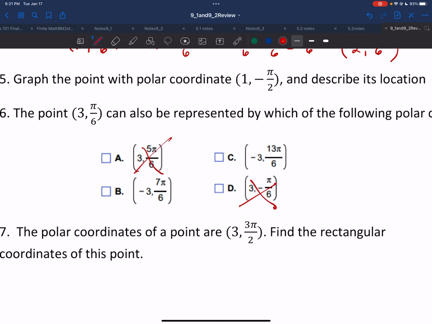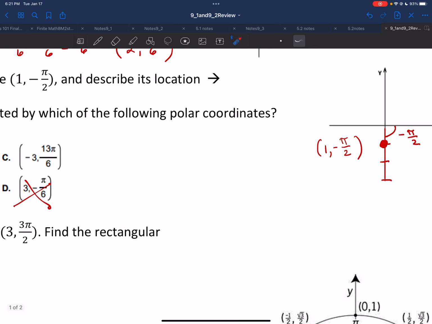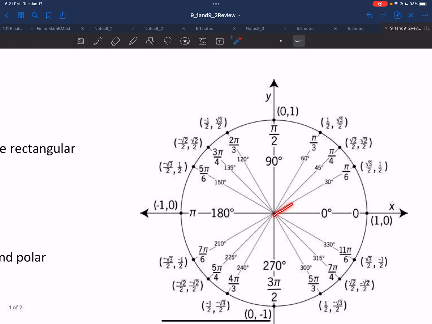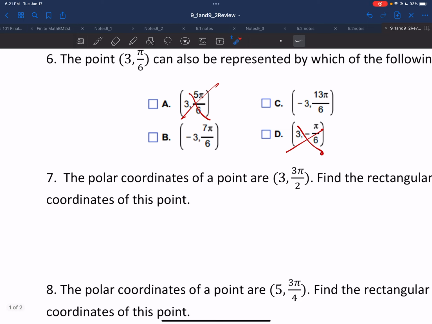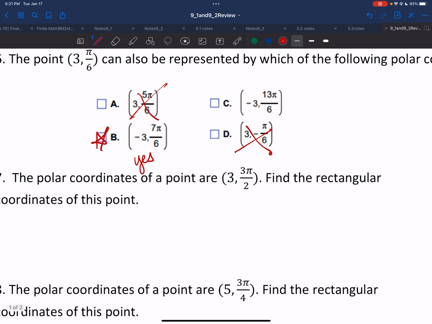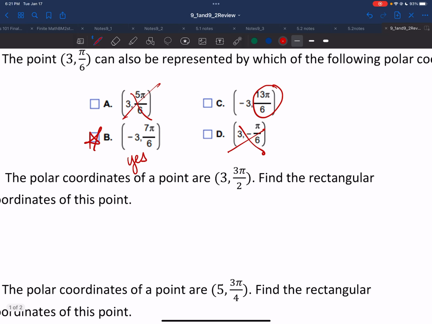Okay, now I have negative. So with negative, remember, we're going to back it up. So if this is my angle, if I have a negative number, I'm actually backing it up this direction. So I have 7π/6. So the angle is 7π/6. That works. So that's a good one. And then I look at (-3, 13π/6). This is actually like one full rotation and then adding π/6.